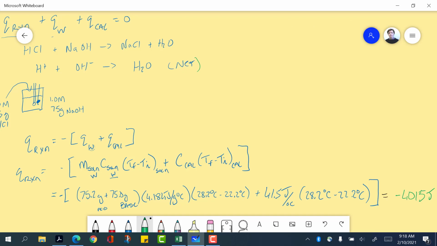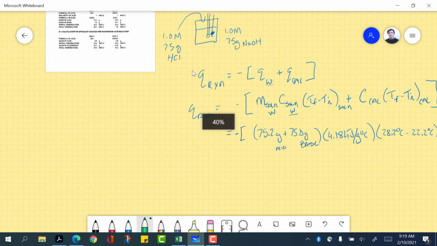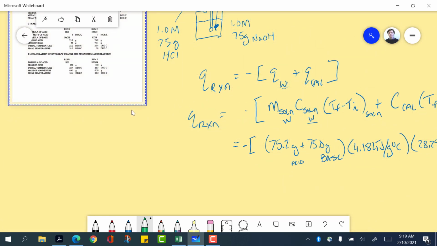The last one that they have you do is calculate the enthalpy for a metal acid reaction here. So in this one, we're going to have a mass of metal and we're going to add it to a particular acid like HCl.